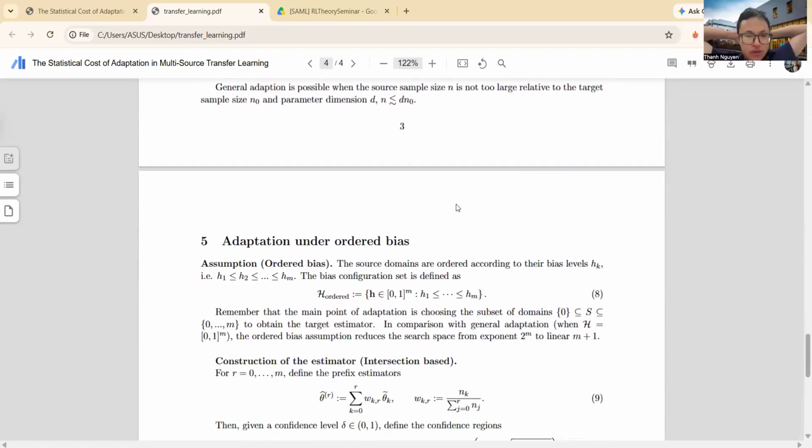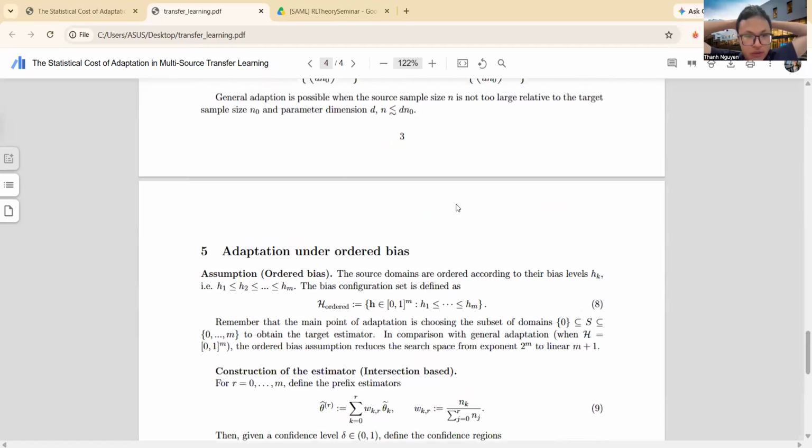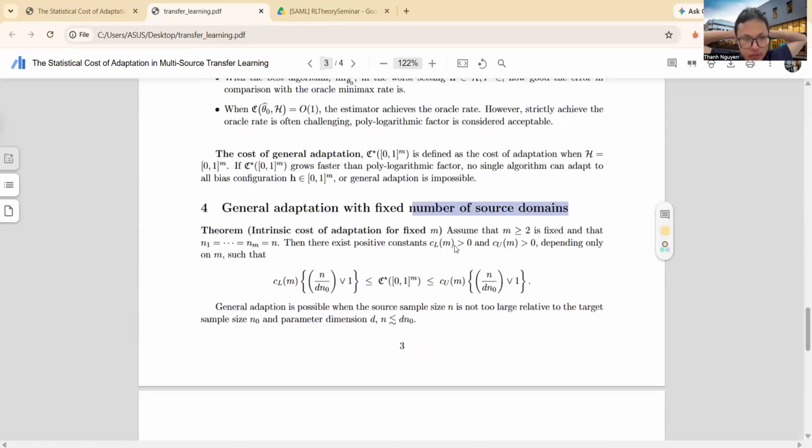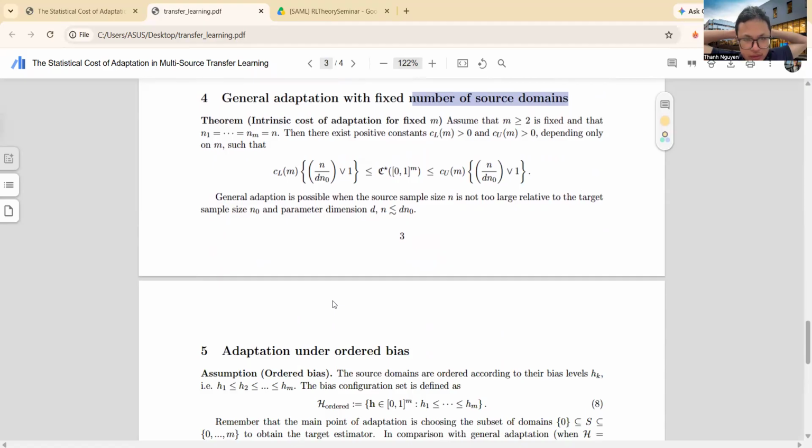So what does that result say in the previous one? In section 4? The C here is the cost of general adaptation, meaning that we don't know any information about the bias configuration.